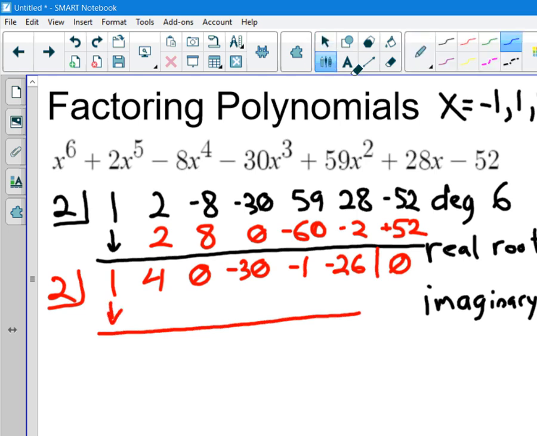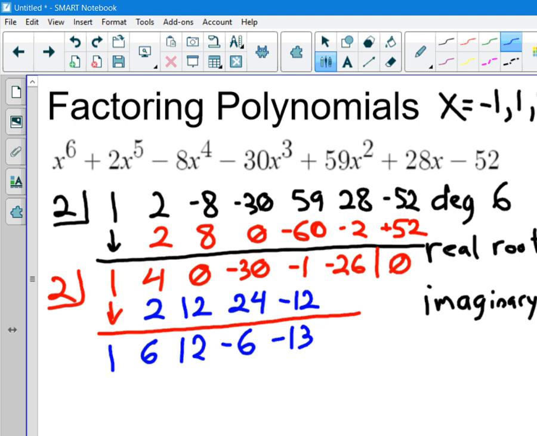And we bring down the 1. Multiply by 2, that's 2. Make sure that I've done this right. 4 plus 2 is 6. Times 2 is 12. Plus 0 is 12. Times 2 is 24. Minus 30 is a negative 6. Times 2 is negative 12. Minus 1 is negative 13. And then times 2 is... Oh, I see what I did wrong.